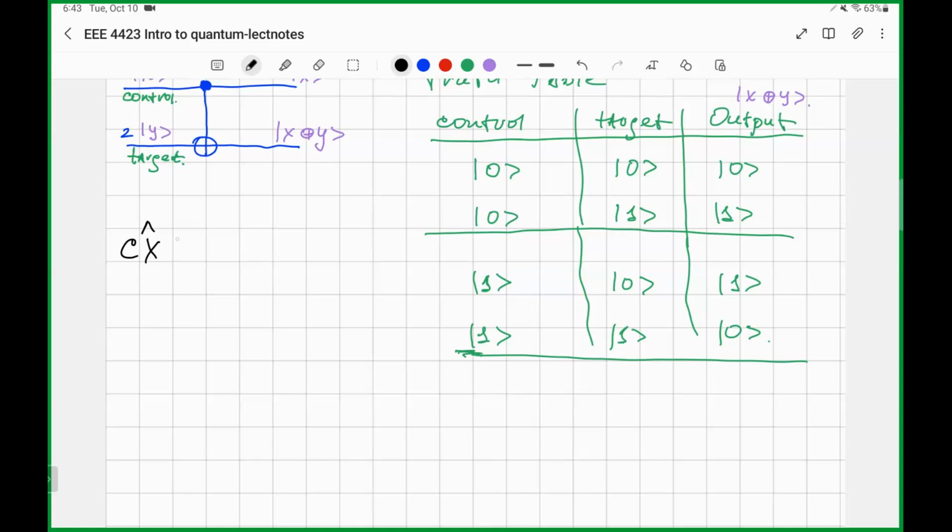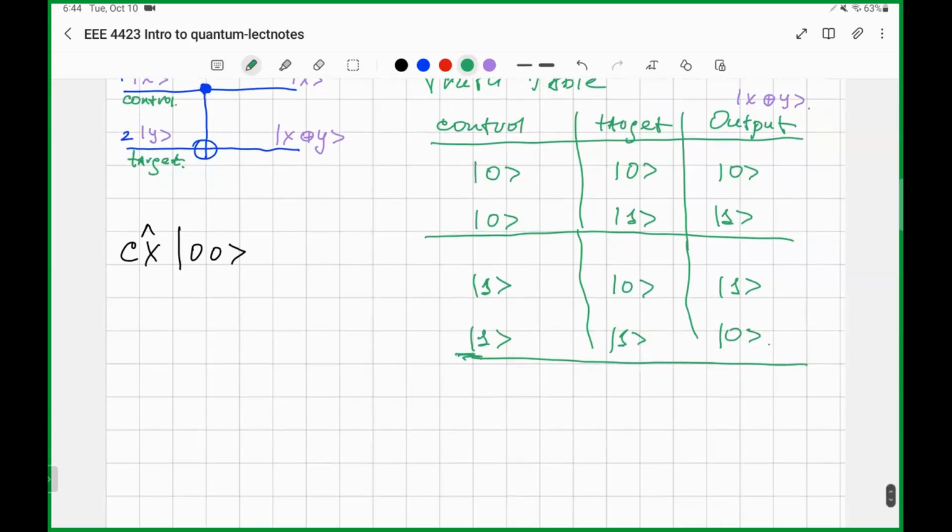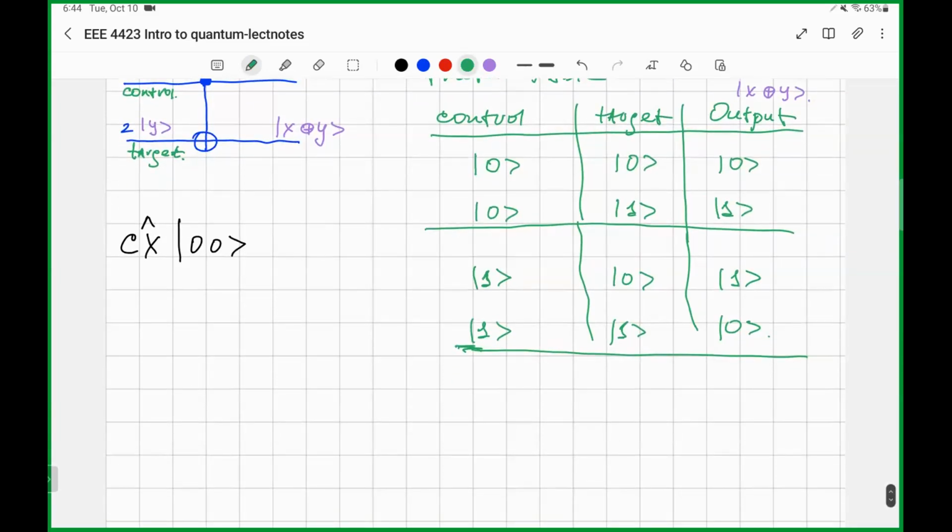And let's consider what happens when this gate or this operator acts on the state like this, 0, 0. Here we have to distinguish between 2 qubits, and in particular we need to remember which one is control, which one is target.